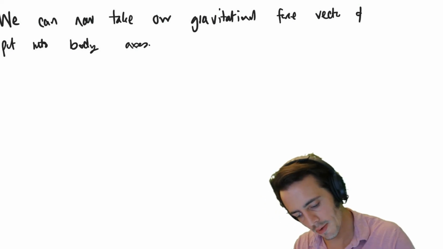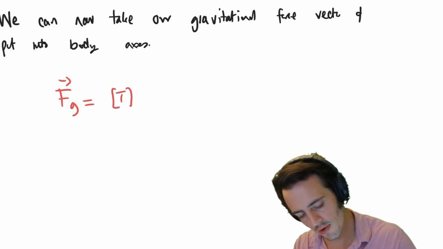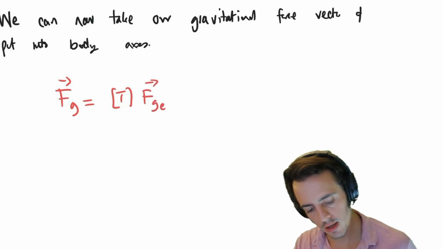So what we're going to end up saying is that F gravity in body axes is going to be equal to the transformation matrix multiplied by F G defined in Earth axes.